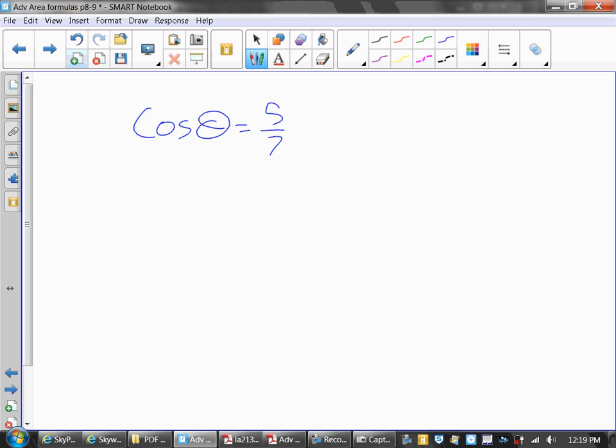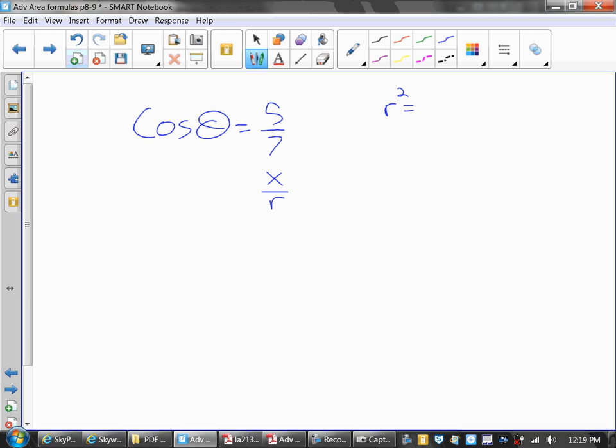That's when you have to switch your brain and go, all right, I'm given one of the values. What does it mean? When I'm given that cosine of theta is a fraction, remember cosine of theta is x over r. Then you have to figure out what y is.